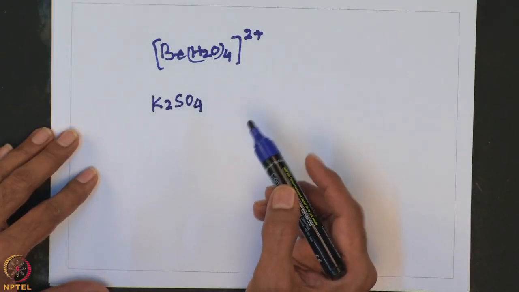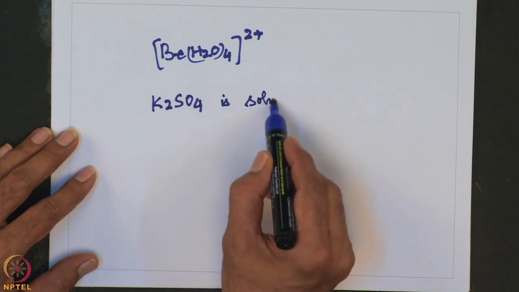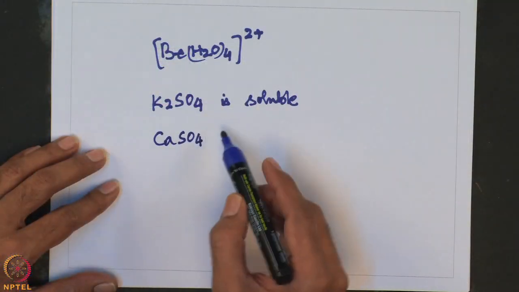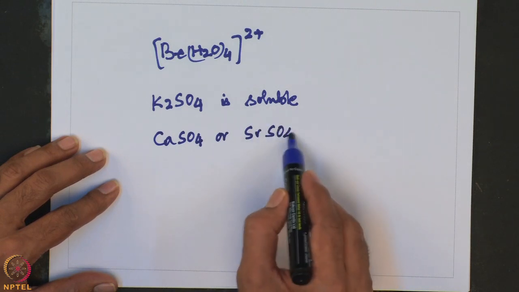Many of the group 2 salts are less soluble in water. For example, K2SO4 or Na2SO4, if you take, they are soluble in water, whereas CaSO4 or SrSO4 are insoluble.